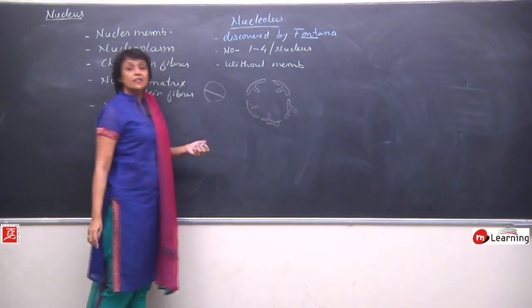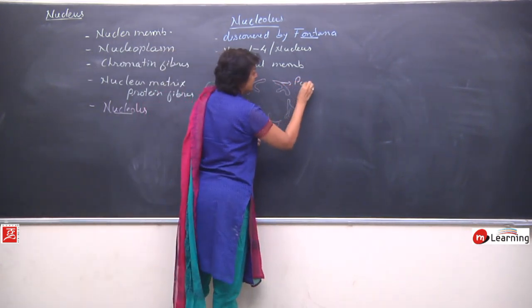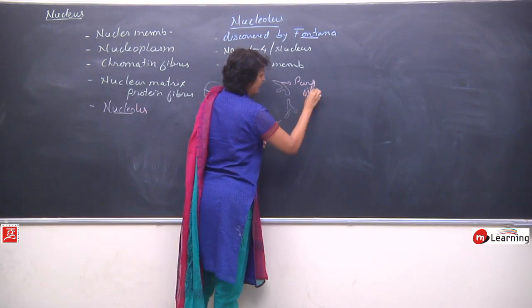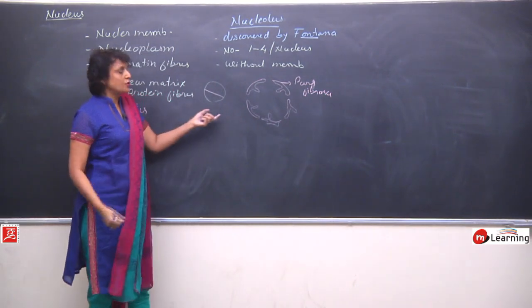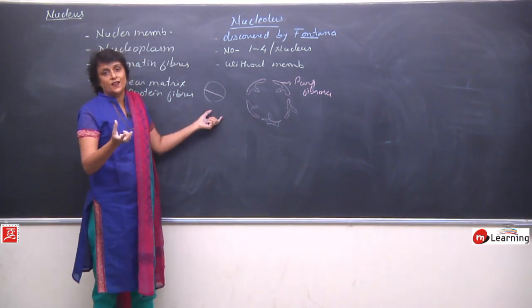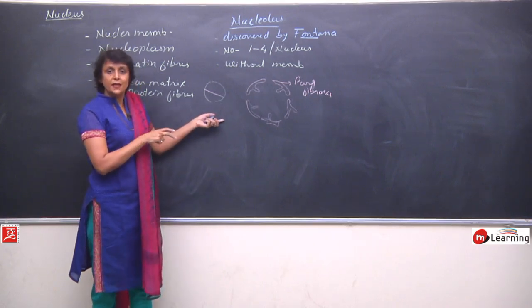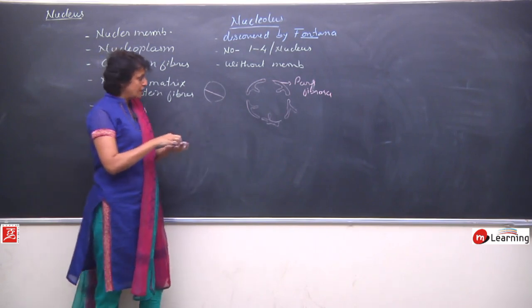So these are RNA fibers. It is also known as pars fibrosa. And because of this kind of an arrangement, it appears to have a spherical shape. So just when we look at it, it appears as if there is a membrane around it, but actually this is not a membrane. These are RNA fibers.